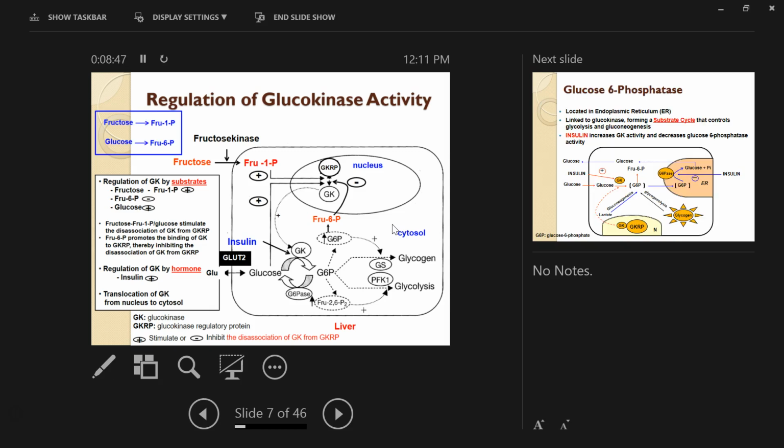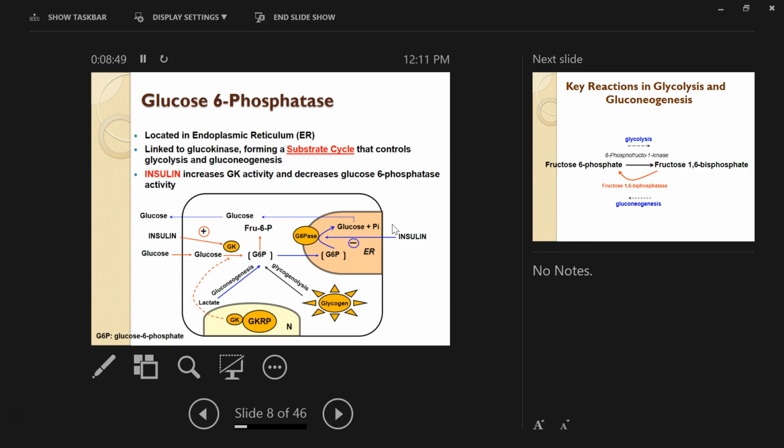All right. Let me just finish this. And the gluconeogenesis enzyme, right? In the same reaction, but the opposite direction of reaction. So glucose 6-phosphatase is the key enzyme in the gluconeogenesis, and this is also regulated by insulin, right?